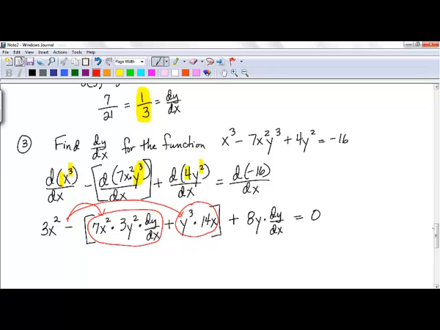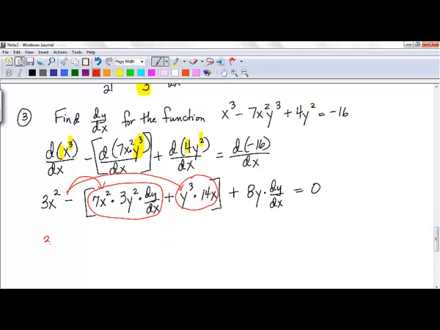So I would probably go ahead and write that out. It's 3x squared minus 7x squared. Wait a minute, we can simplify that. 21, right? Put the coefficients out front. 21x squared y squared times the derivative of y with respect to x, minus, put the coefficient out front, 14xy cubed, plus 8y times the derivative of y with respect to x equals 0.